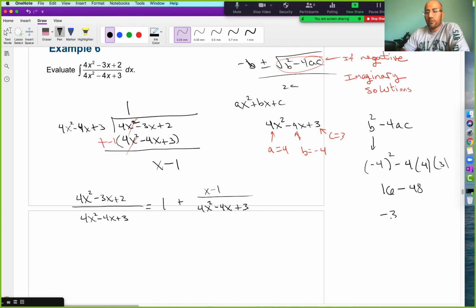So this is negative 32. Negative. So I know that when this factors, it's going to have imaginary constants. The zeros are complex, they're imaginary numbers. So it doesn't factor any further. You want to leave it like that.